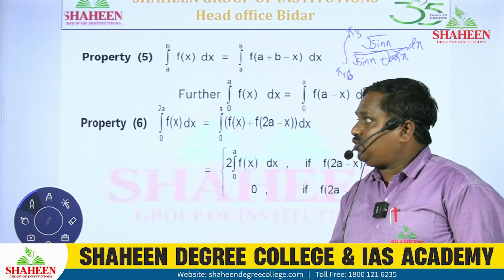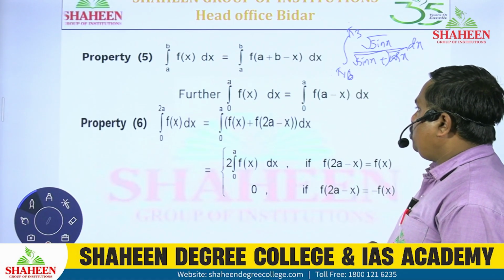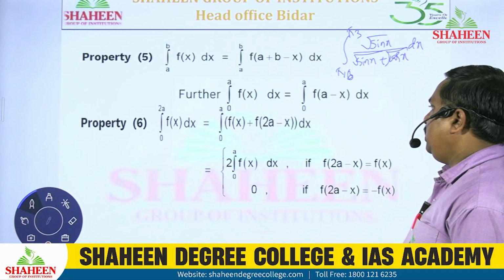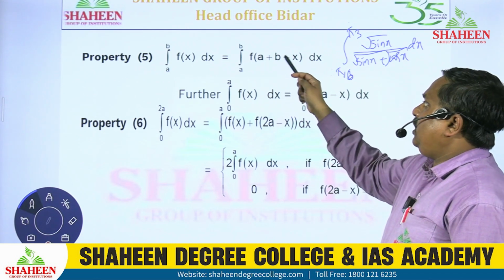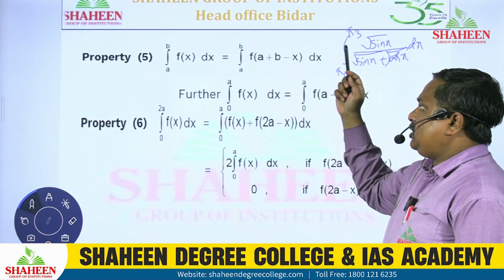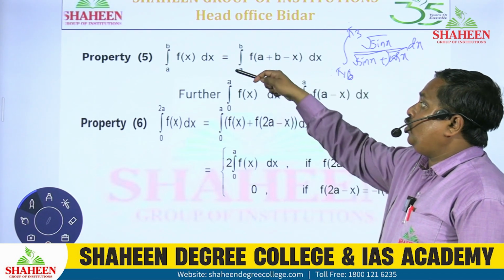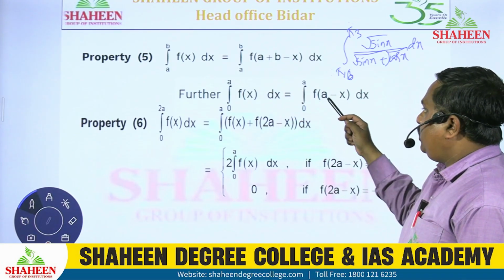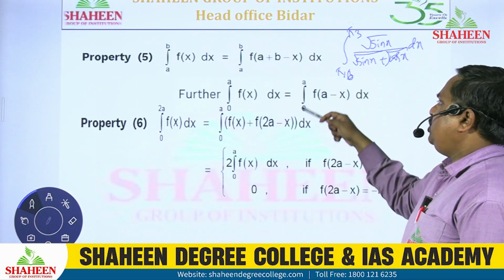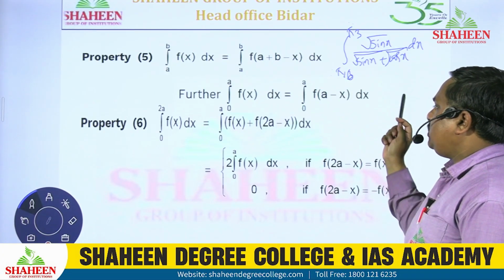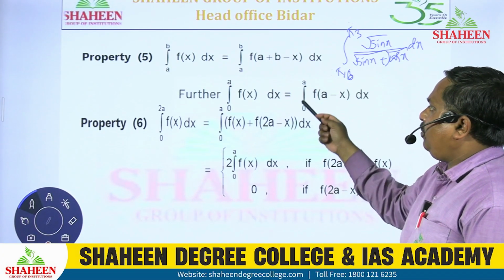That's why this property is used like this. Suppose we have the integral from a to b of f of x dx, that is f of a plus b minus x dx. If the question is 0 to a of f of x dx, then we can write 0 plus a minus x, which is only a minus x dx also. We can use this formula like this.